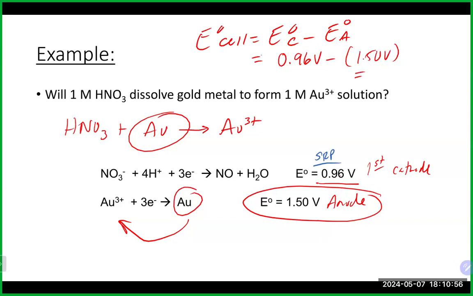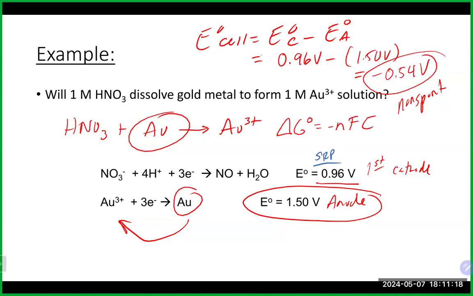If you did flip the sign, you would be adding them together after you flip the sign. Either way that you do it, you'll end up with a negative 0.54 volts, which right there would tell us that this is going to be non-spontaneous, as we didn't get a positive voltage. And we know that from just going into the other equation, minus NFE.